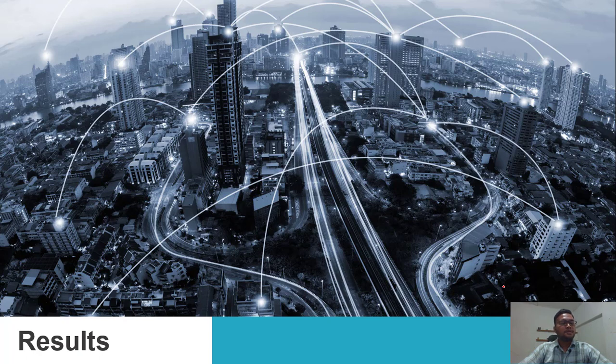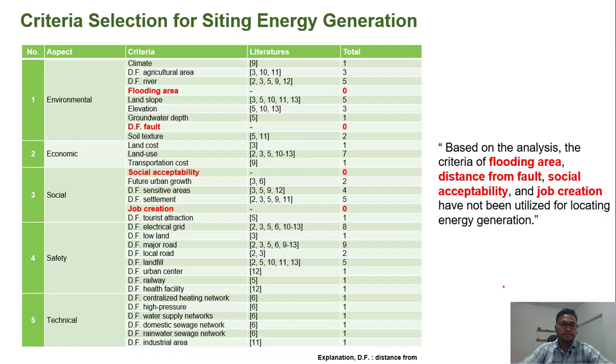So in the next section we talk about the results of the systematic review. Based on the analysis, we reviewed 5 aspects: environmental, economic, social, safety, and technical.